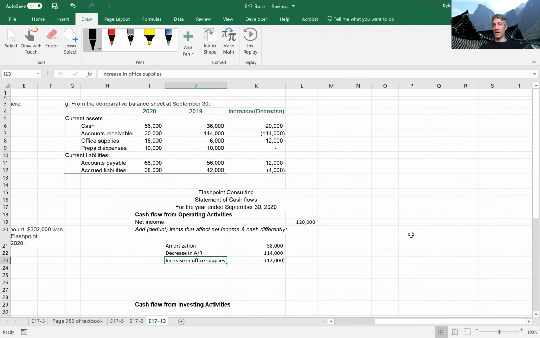What happens when we buy office supplies? Well, when we buy office supplies, of course, we know office supplies are an asset. So assets go up, office supplies go up. And how did we pay for office supplies? You have to pay for it somehow. So likely cash goes down. So an increase in office supplies is going to decrease cash.